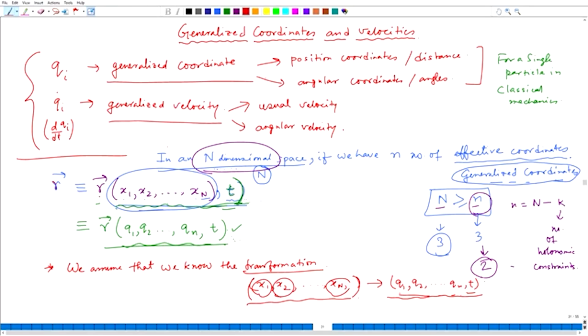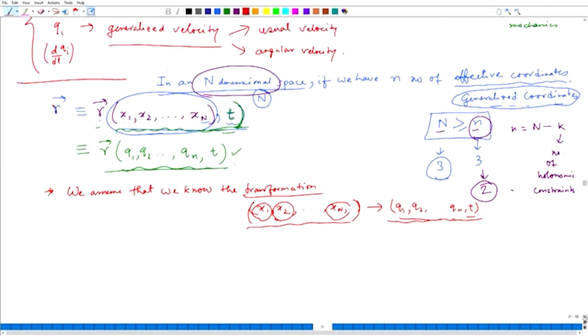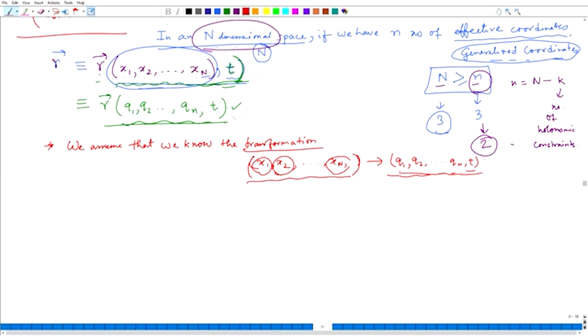Now, if I write this, then I know dxi will be equal to summation over j of del xi del qj dqj plus del xi del t dt.